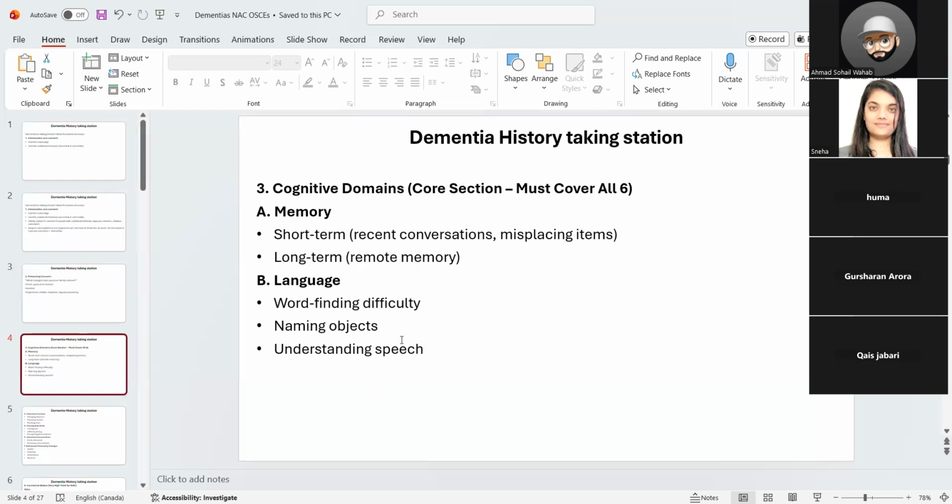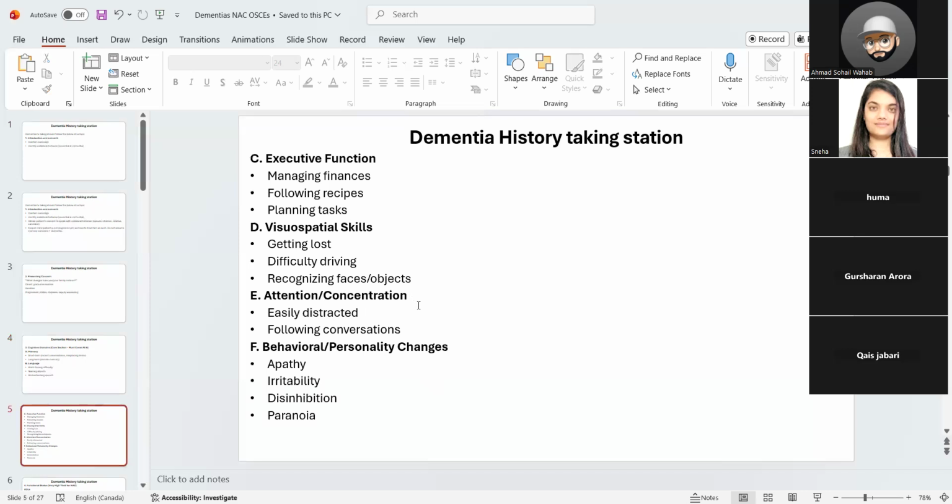They may have difficulty naming objects. Ask: do you have any difficulty finding words while speaking? Do you find it difficult to bring up words from your memory? Yes or no. Ask if they have difficulty naming objects, and any issues understanding what others are saying. Sometimes that can also give us an idea that they're language-wise impaired.